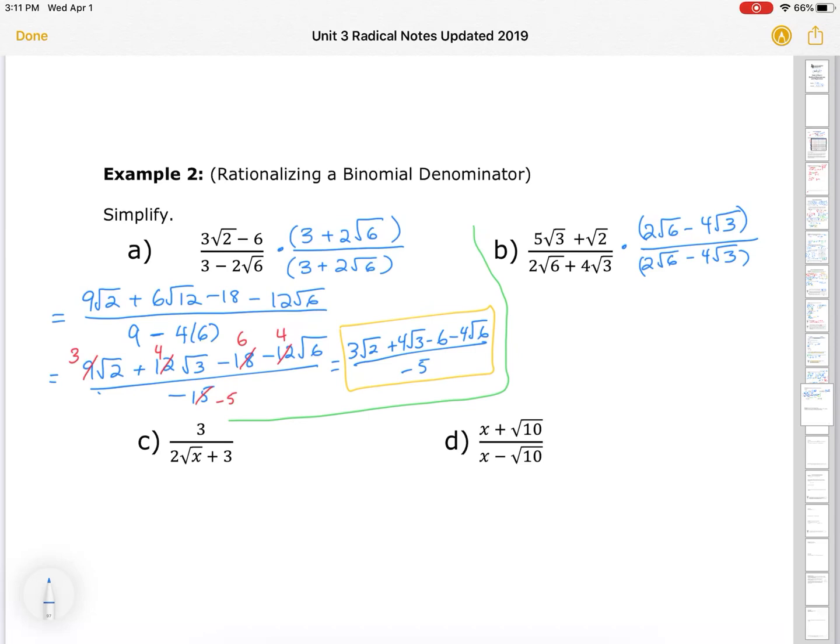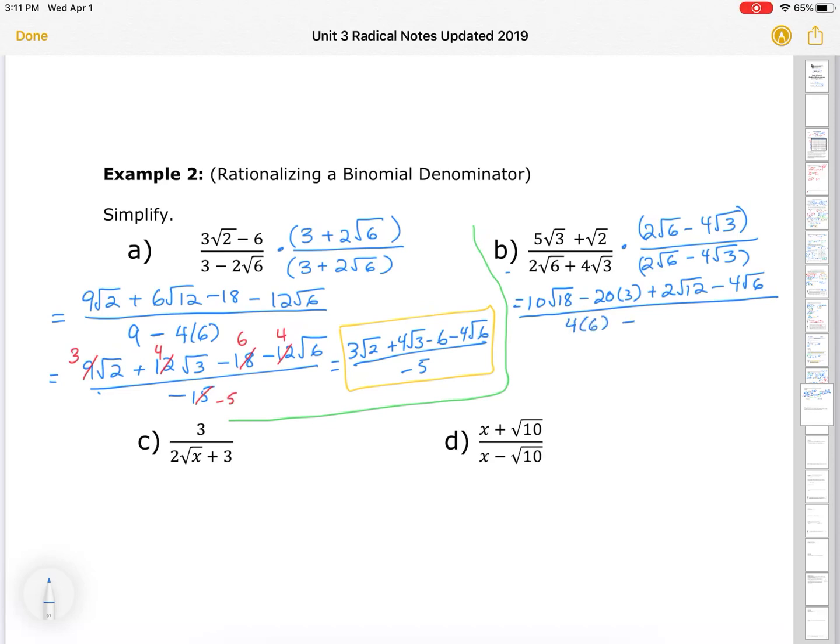So same thing on the top, 4 root 3. Okay, on the top we have to FOIL. So when we FOIL, we get 10 root 18 minus 20 times 3, because 5 times 4, and then the 3 goes away, plus 2 root 12 minus 4 root 6, all over, and then on the bottom, we get to rationalize that denominator.